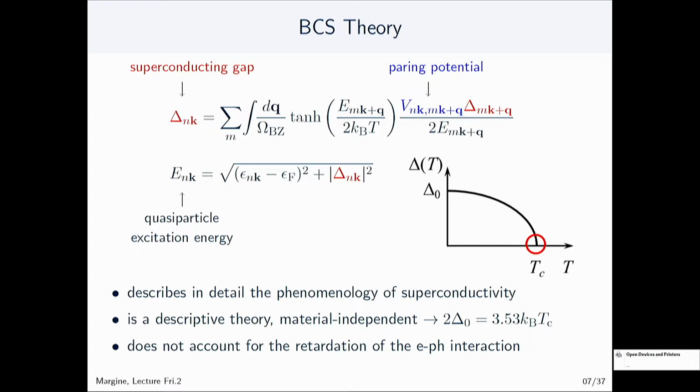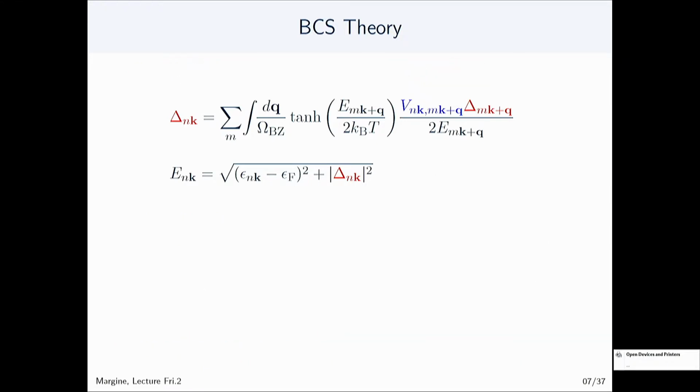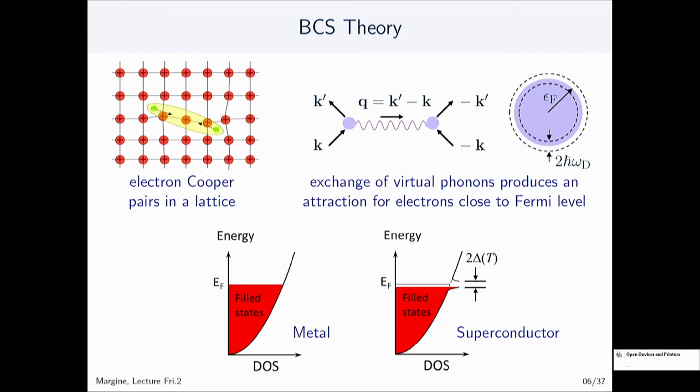So what does that mean? If you remember the previous picture, I said that when an electron moves through the crystal, the ions are also going to move and deform. In other words, the time it takes for ions to displace from their equilibrium position to their maximum displacement is inversely proportional to the characteristic phonon frequency.